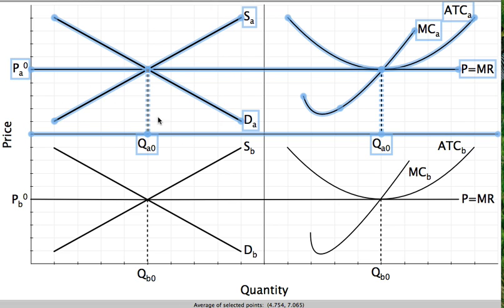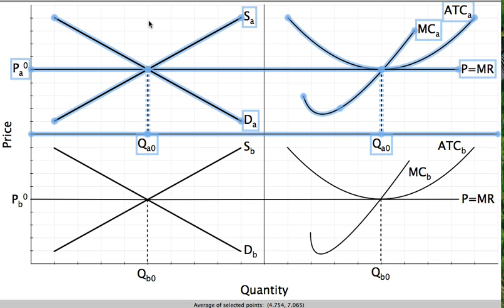This top quadrant represents the supply and demand, the market for good A, and that's where the quantity and the price of good A are determined. Then if we move over to the right, we have the individual firm, the representative individual firm in this marketplace. So this is their average total cost curve, marginal cost, etc. So the top portion has to do with good A.